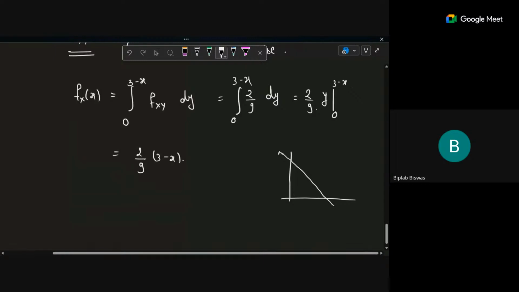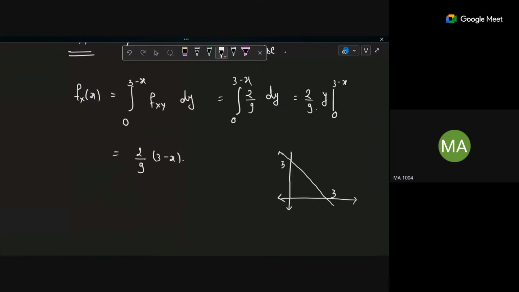Parallel to y actually. Okay, you are asking me how to take the steps. So you are clear that these are the limits of y only. Yes, ma'am. So I want my limits in terms of y.